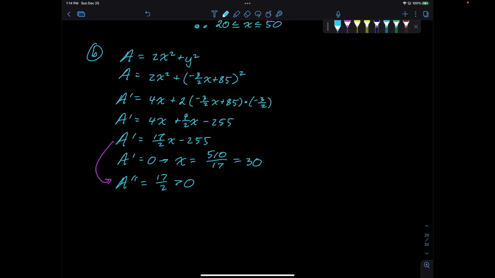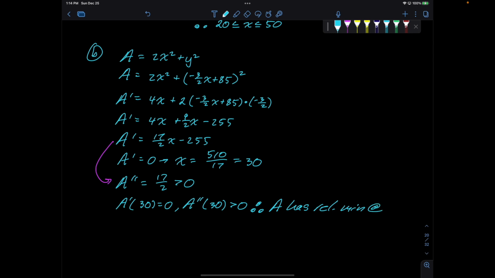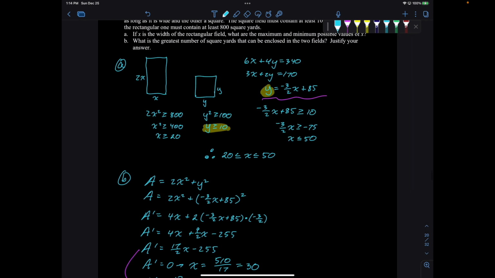is 17 halves, which is greater than 0. Okay, so this is interesting. So A prime of 30 is 0. A double prime of 30 is greater than 0. So A has a relative minimum, which means that's not the answer because we're looking to maximize the area.